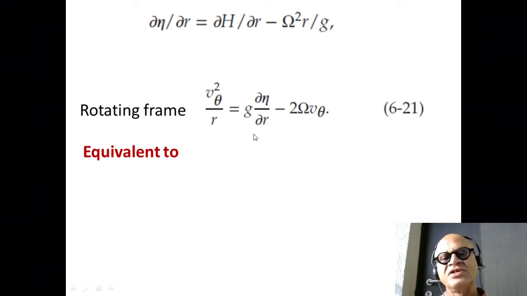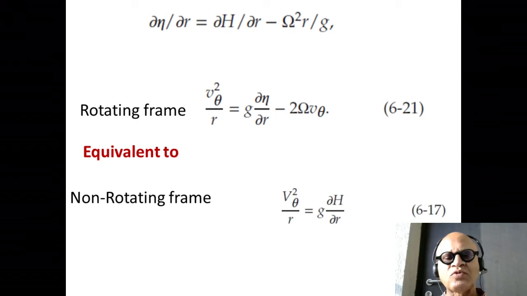Pressure gradient, yes. So you have g d eta dr minus 2 omega v theta. Okay, that's in the rotating framework, which is equivalent to what we had written in the non-rotating framework, where v theta is the total velocity of the tank plus the liquid with respect to the tank, which is just g dh dr. Okay, so this is the term that's introduced because of the rotational effect.